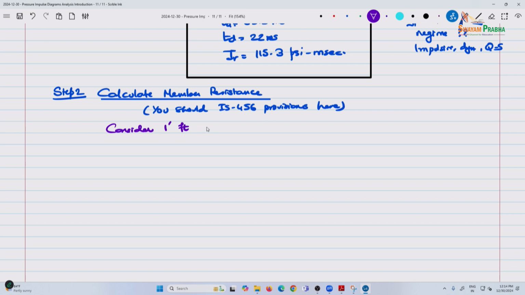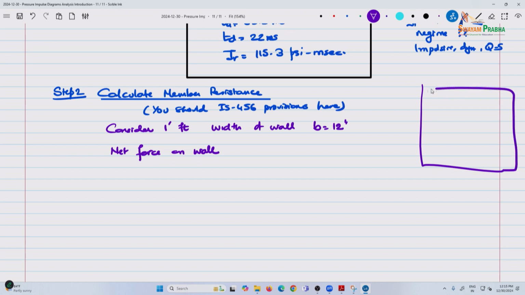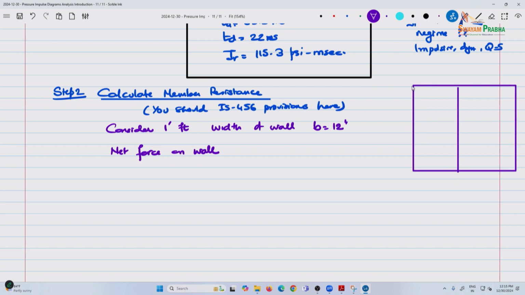So consider 1 foot width of the wall. So B is equal to 12 inches. So start with the net force on the wall. Now the wall again is this way. So we are considering the wall supported. Now you might say the pressures are different from the top and the bottom.